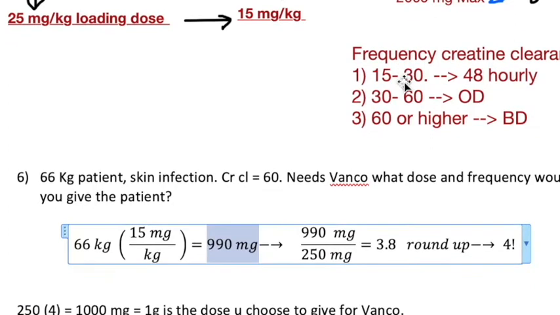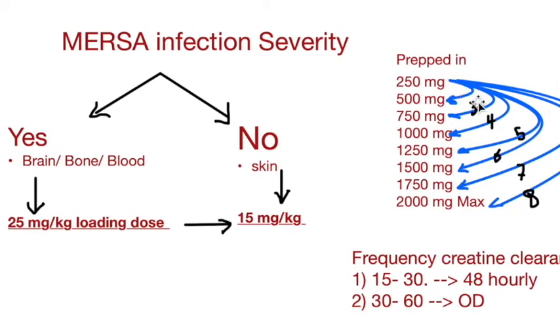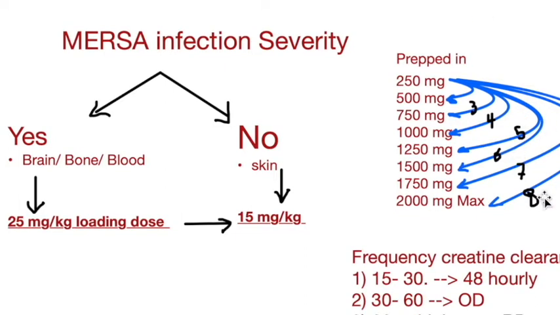Again, you can use this cheating mechanism that I taught you. Take your 990 divided by 250, because, again, remember I told you it comes in multiples of 250. Look, 1 times 250 is 250, 2 times 250 is 500, 3 times 250, 4 times 250, as you can see. So you're trying to find these numbers. You want to see if it's 8 times 250, 7, 5, 4, 6. Well, let's find that.